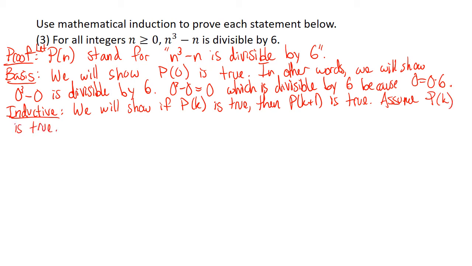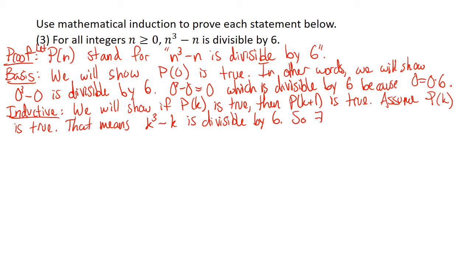Now let's expand on that a little more. What kind of information does it give us to use? It gives us that k cubed minus k is divisible by 6. Expanding on that even further, I want to get all the way to an equation because that will be the most powerful type of information.